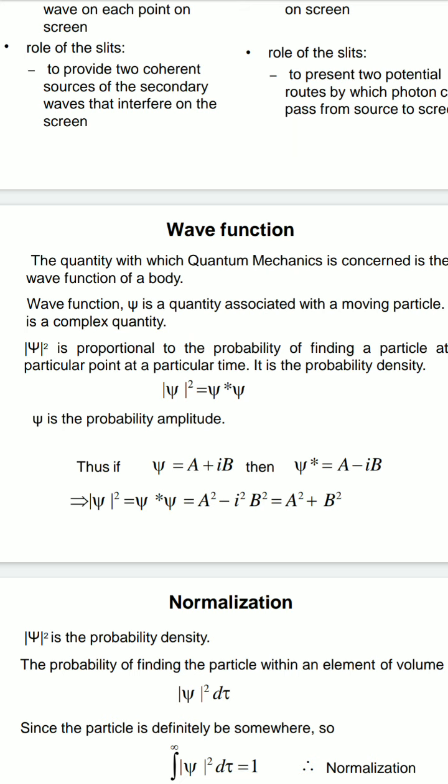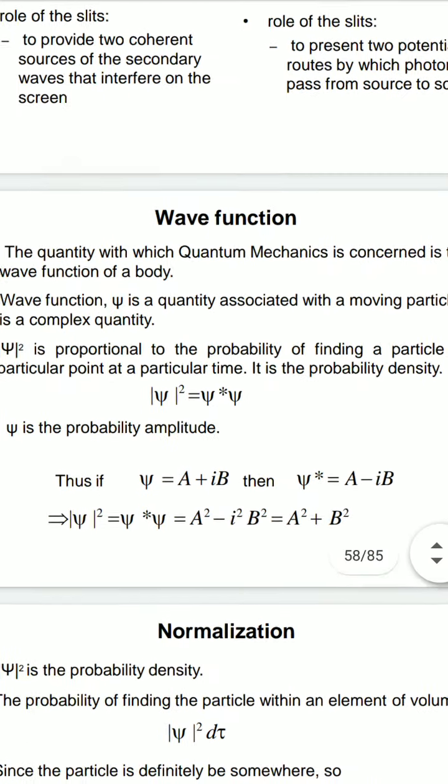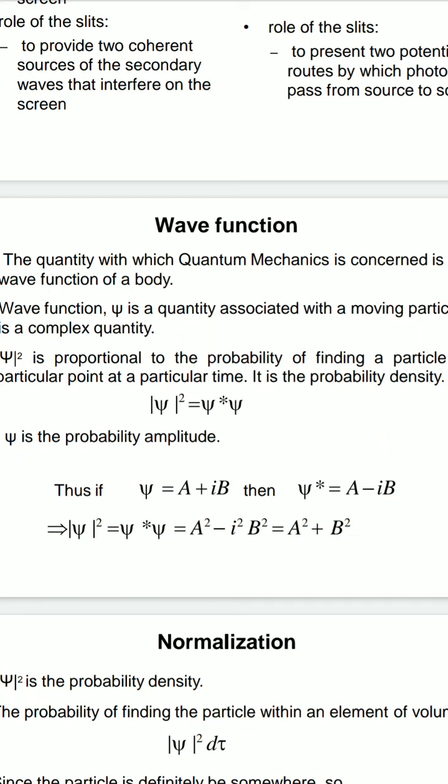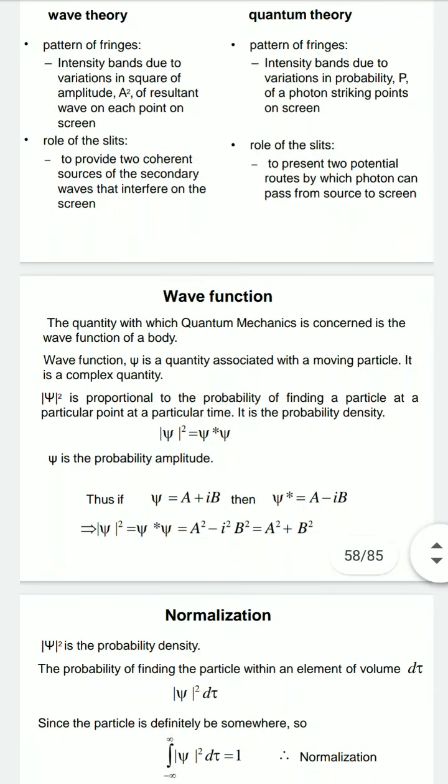If you take the modulus of psi and square it, I have already said that psi is a complex quantity. So modulus square means it is the probability density. That is, it is proportional to the probability of finding a particle at a particular point at a particular time.